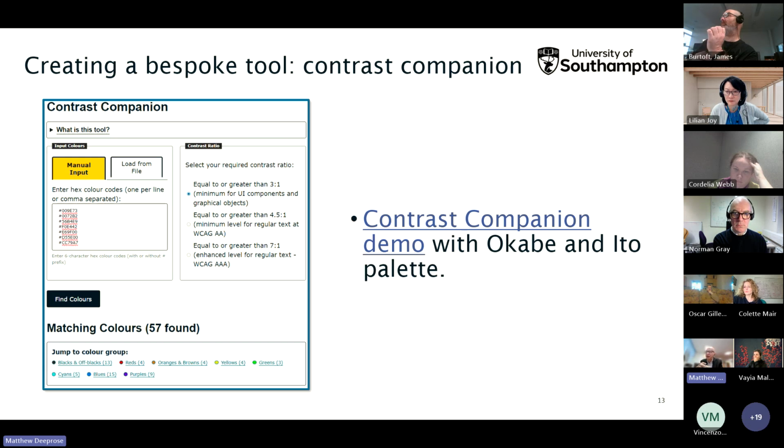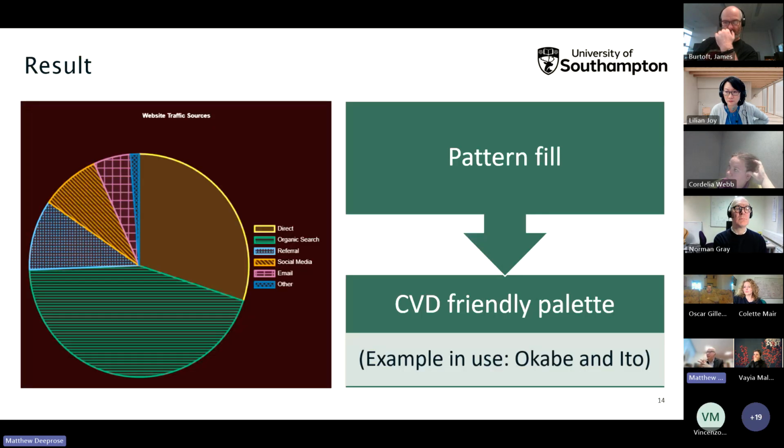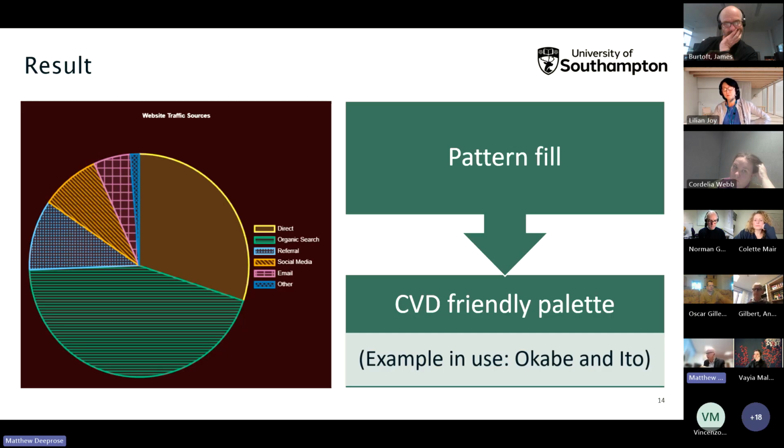You can drop in a set of color codes and it will find a color with sufficient contrast to all of them. So then I could introduce a color vision deficiency friendly graph, both with pattern fill, a color vision deficiency friendly palette, and a background which has sufficient contrast to all of them. So we can pass the 3:1 contrast ratio rule for background to the colors.